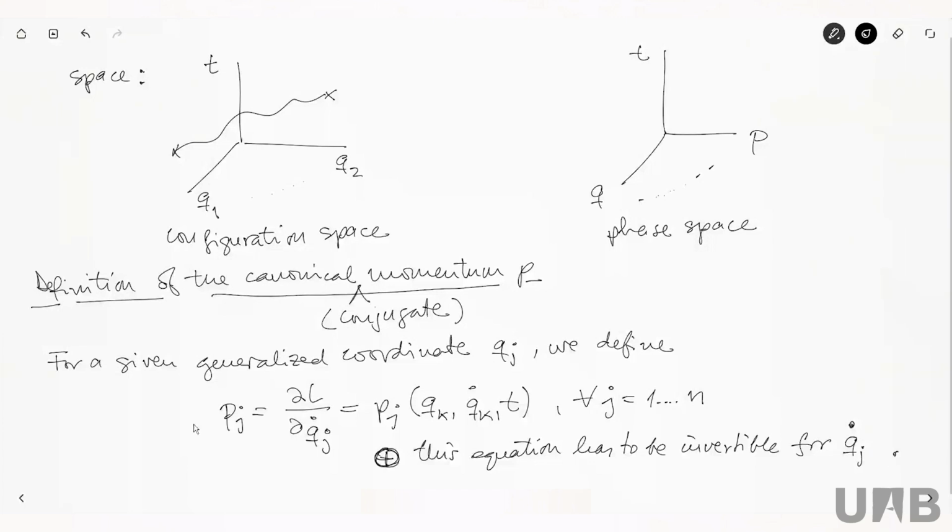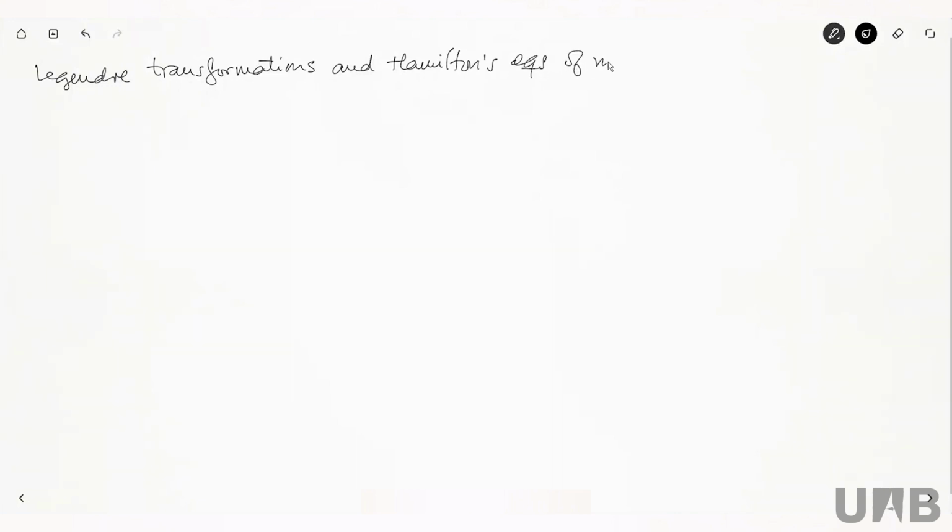Okay, so let's see. With this definition, let us see how we construct the Hamiltonian. Legendre transformations and Hamilton's equations of motion.